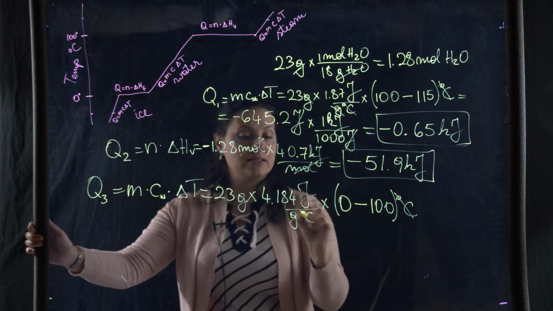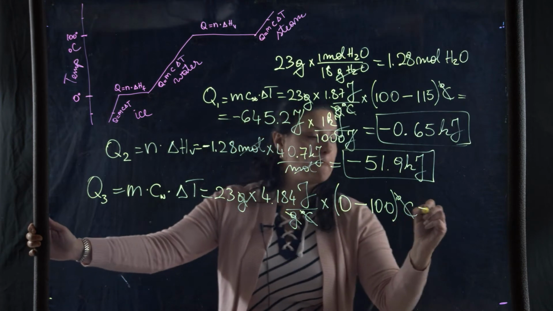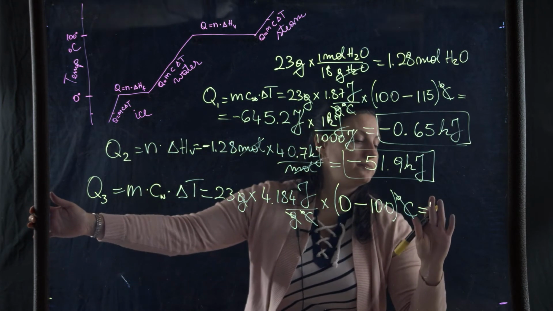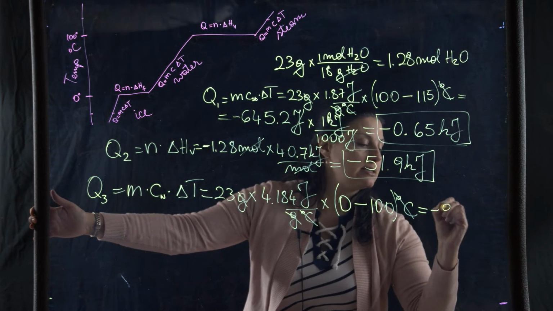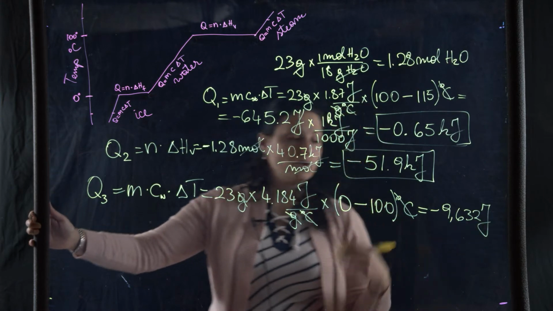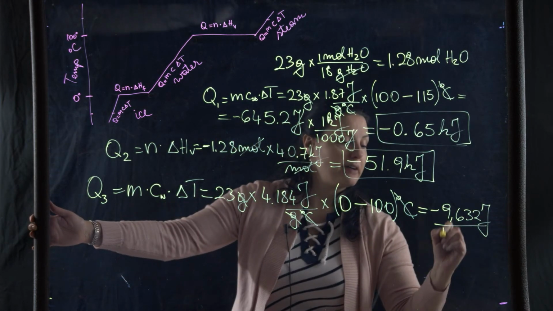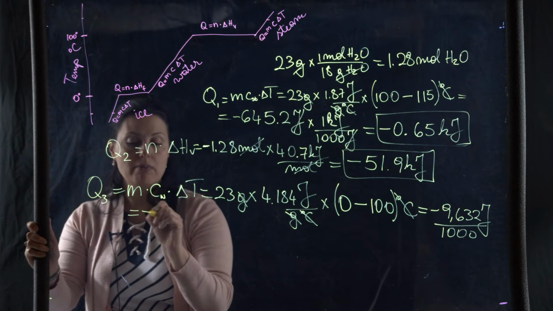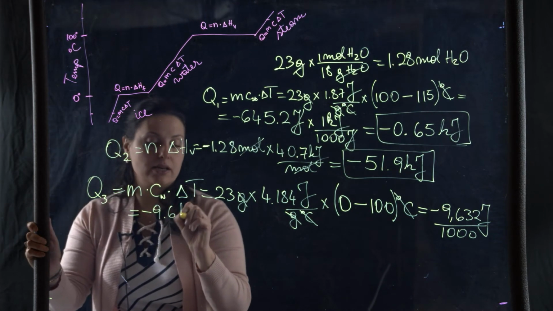Therefore, I'll have a negative sign for this as well. This will be minus 9,632 joules. To convert that to kilojoules, I divide by 1,000, and that gives me minus 9.6 kilojoules.